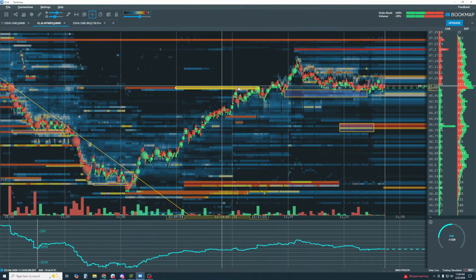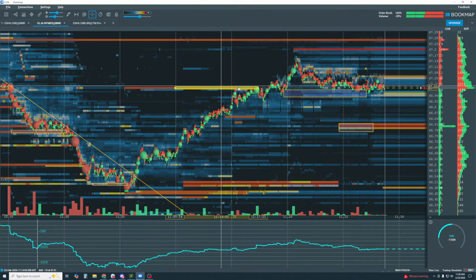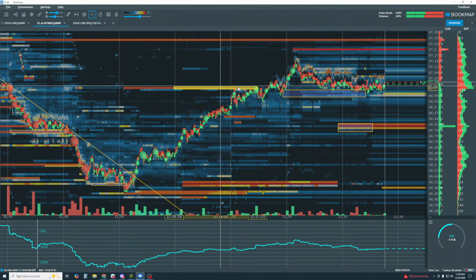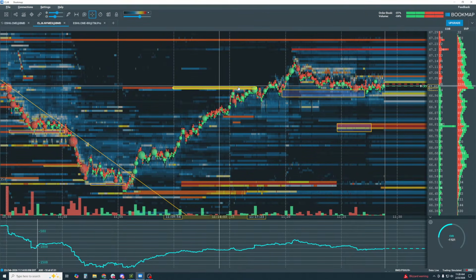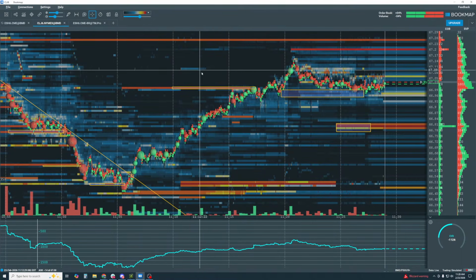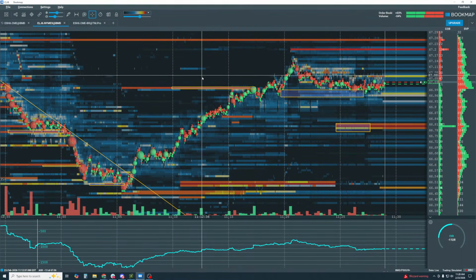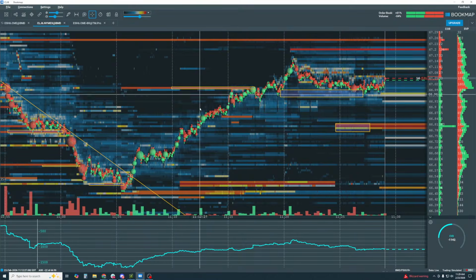It'll keep you in the game, and just do that to begin with. Then once you have that confidence and you know that, well, I can trail the stop, I can take maybe some off at that area and scale out, that's a different thing, and that's the next level.